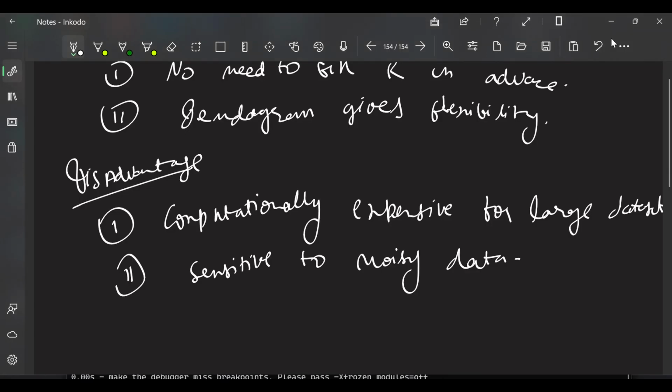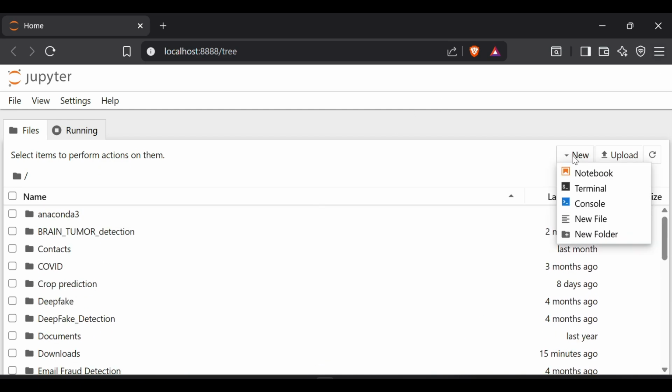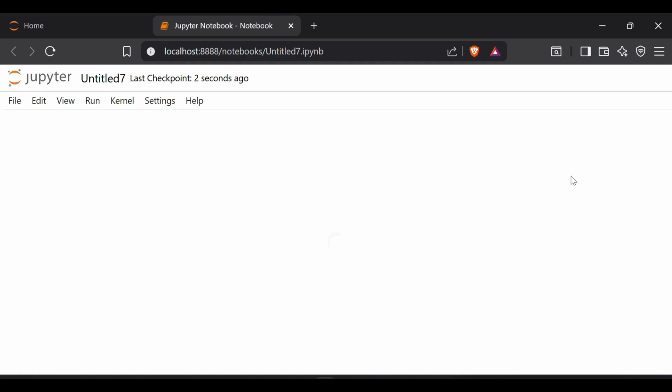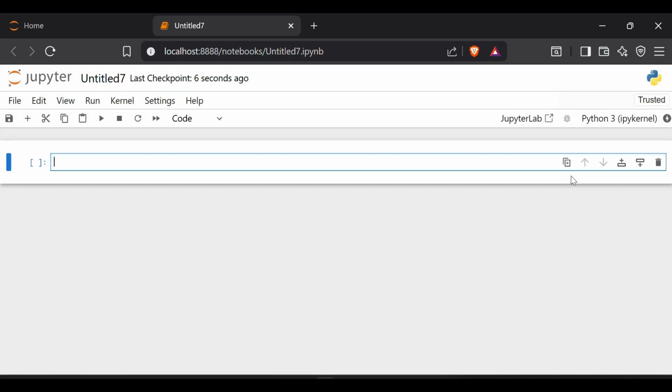Let me minimize this, and yeah, it opens. Let's create a new notebook and select the kernel as Python 3. Then we are going to write the code. First of all, we will import the libraries.